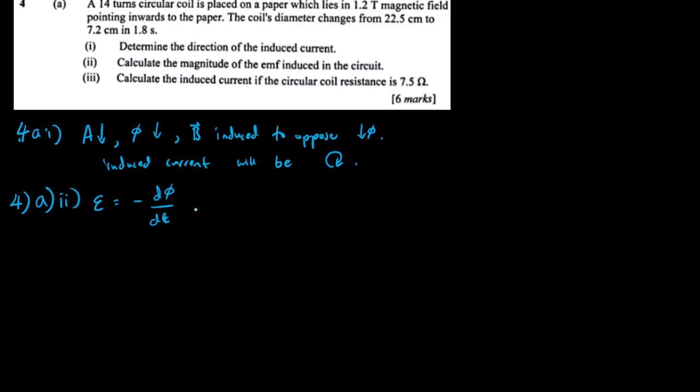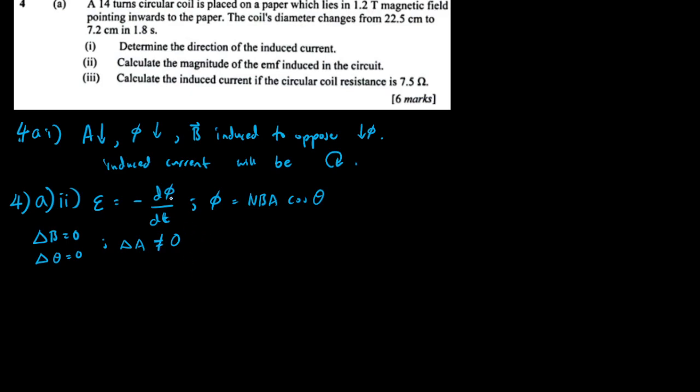On the other hand, we also know that phi is simply going to be NBA cos theta. In this particular case, B does not change, your angle does not change. What does change is your area. So your area has a non-zero change.